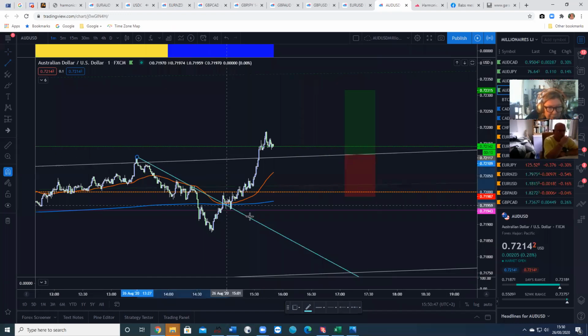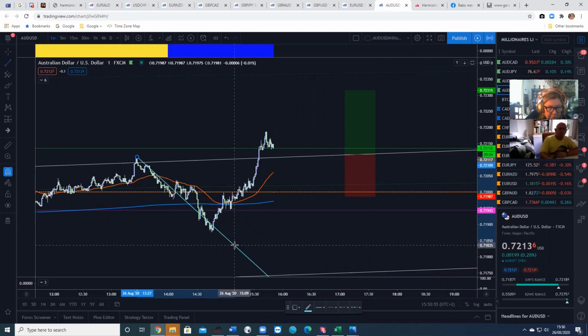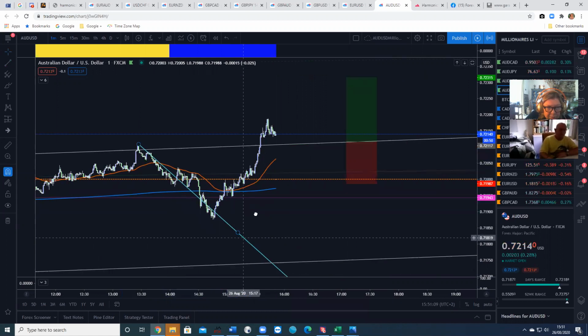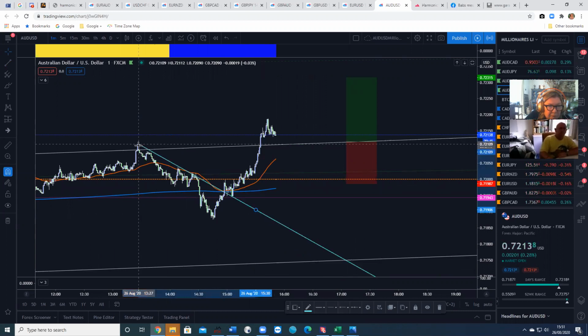Just looking to see when it broke it. So there's the break and retest of the 1 minute trend line.